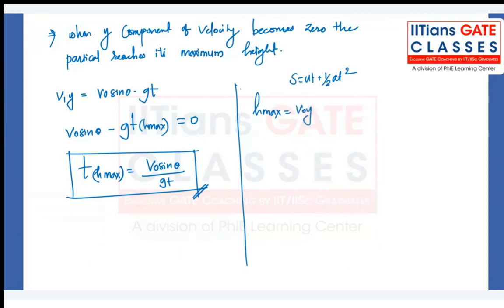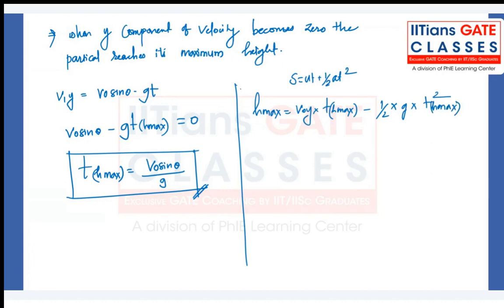So that's why I'm considering v naught y into t of h max, minus half, because we are working against gravity, g into t of h max square. Yes, thanks for correcting it. It will be v naught sine theta by g, because t we have taken already out.